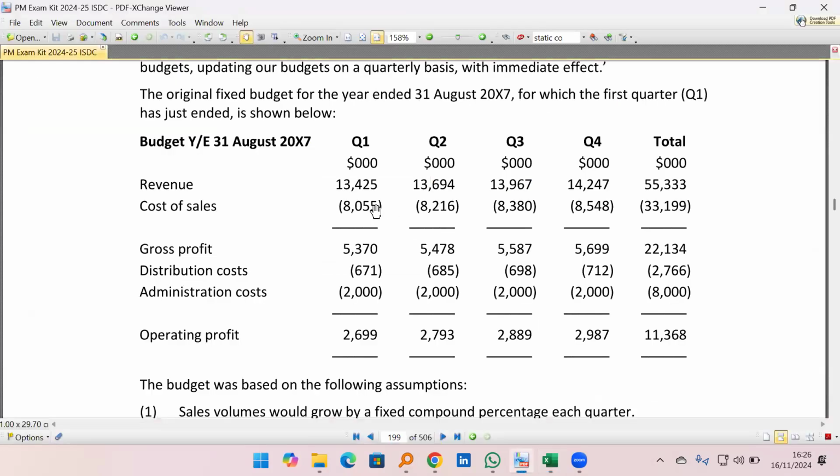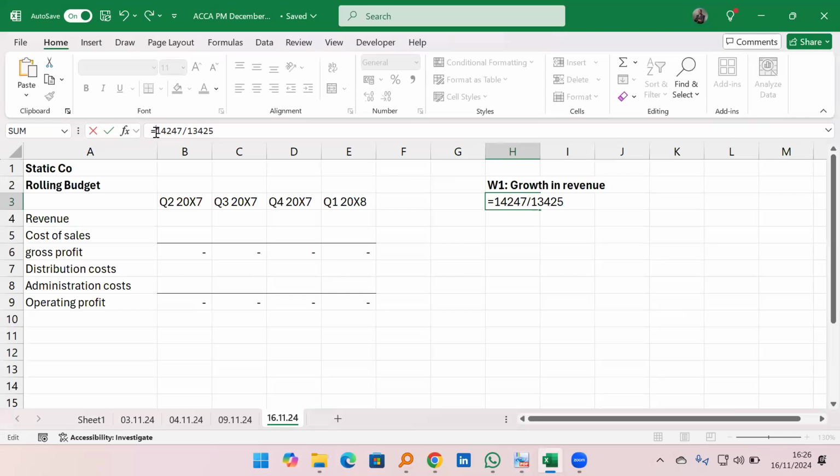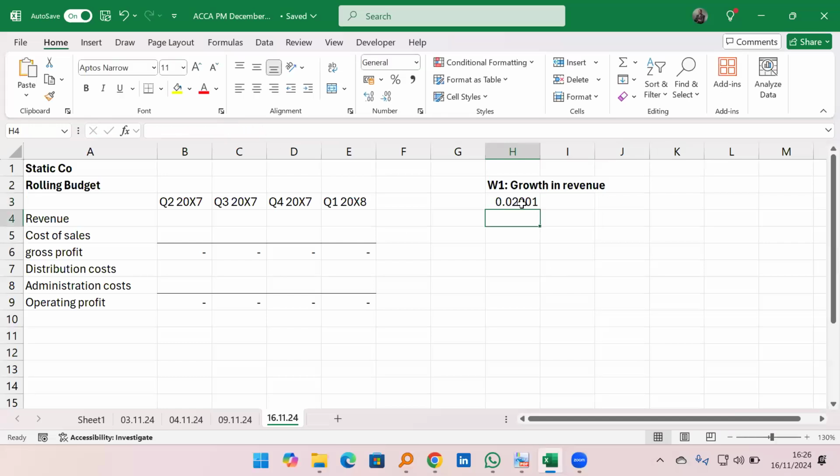Because these are 4 quarters, there's been growth 3 times. So if I raise this to the power of one third and subtract 1, this is the growth. And that growth is 2%. That's the growth in revenue. And if you see what I've done, I have done what the question said, compound growth.